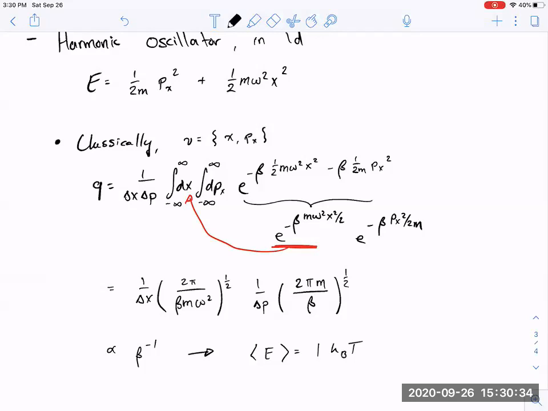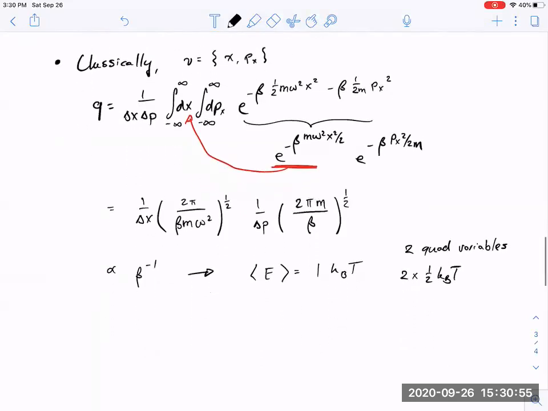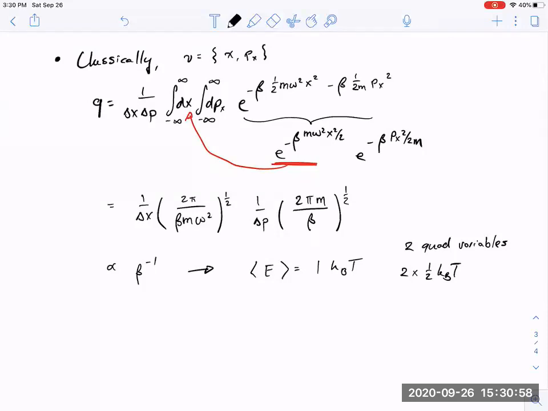Now note, in this case, I had two Gaussian integrals, two quadratic variables. And the result is twice 1/2 kBT for the average energy. So this is something which manifests what we saw previously when we had 3n factors of a quadratic variable in a set of n particles in a 3-dimensional box. We got 3n times 1/2 kBT contribution to the average energy.